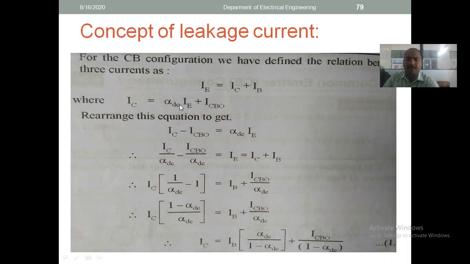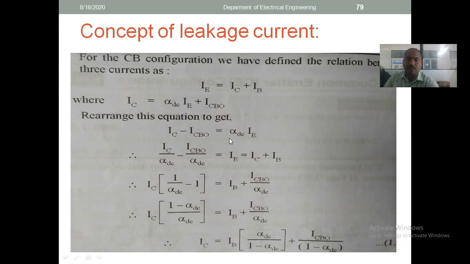So to find out the alpha DC value, we know that IC is equal to alpha DC into IE plus ICBO. We take alpha DC into IE on one side, and plus ICBO goes to the other side as minus: IC minus ICBO, which is equal to alpha DC into IE.